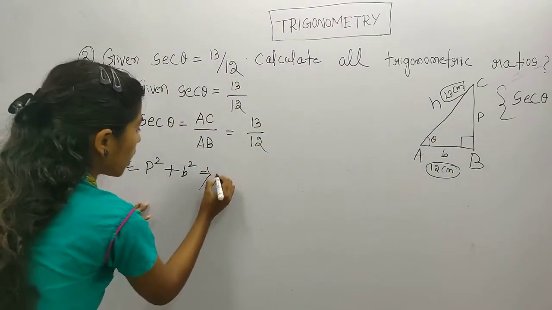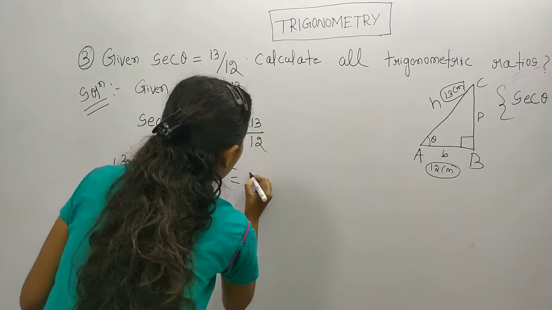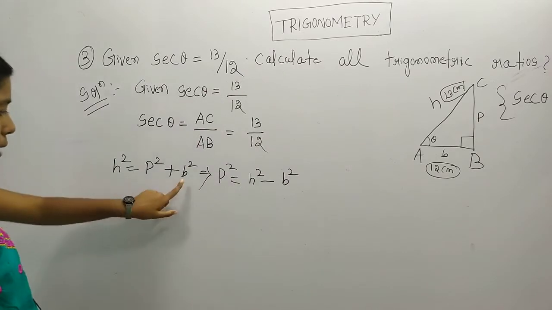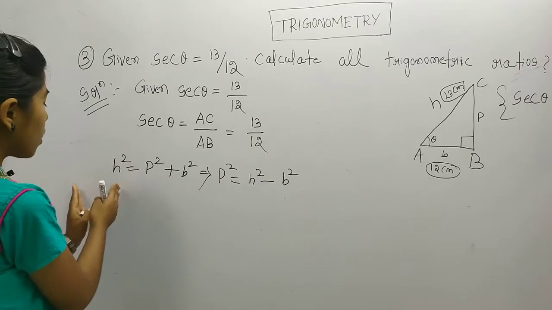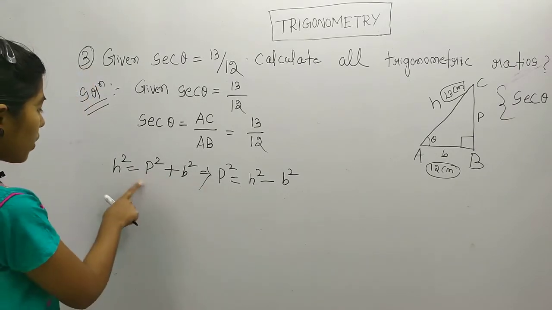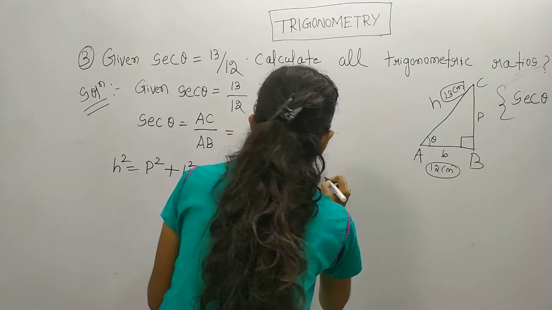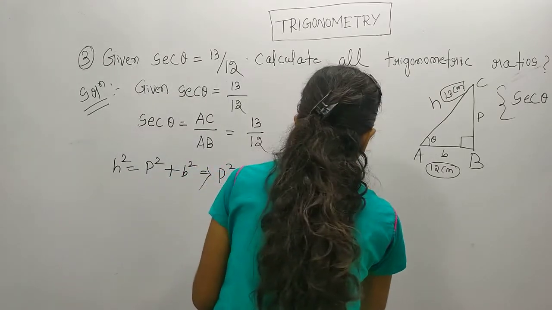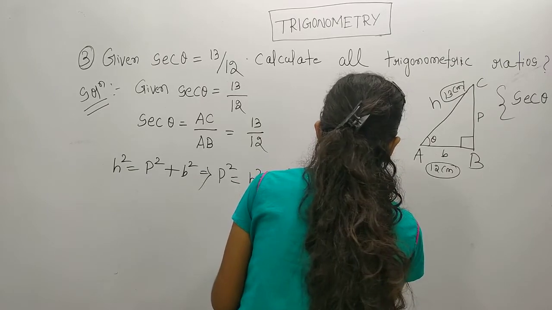P square equals H square minus B square, because base B square is on the positive side, so I have taken it to the left hand side and it became a negative sign. So P square equals H square minus B square. Next, what will be P? P equals root over of H square minus B square.